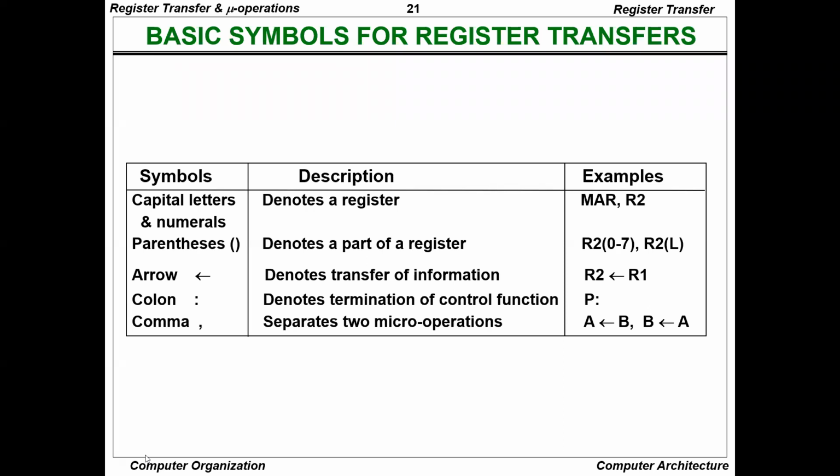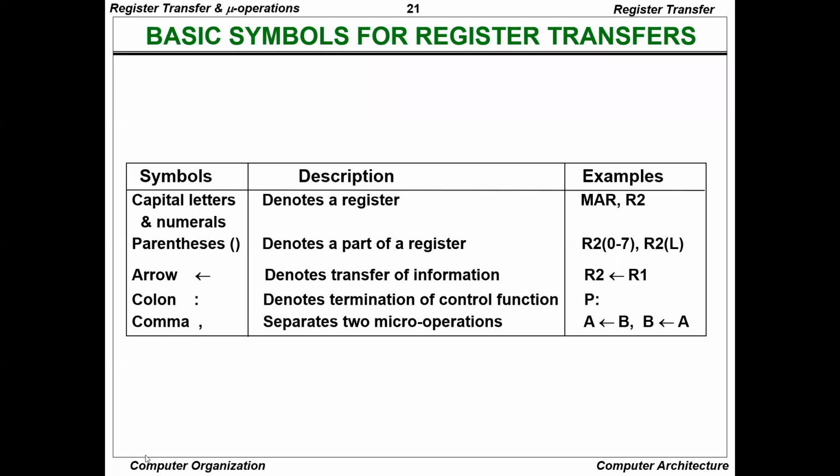Colon is used to denote the control function, and comma is used if you want to execute multiple operations at the same time. There is a very brief topic that we are going to discuss in the coming time: the different micro operations that we can perform and that can be designated using the register transfer language.